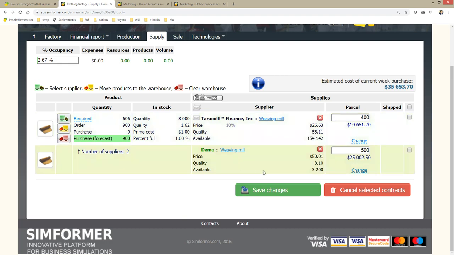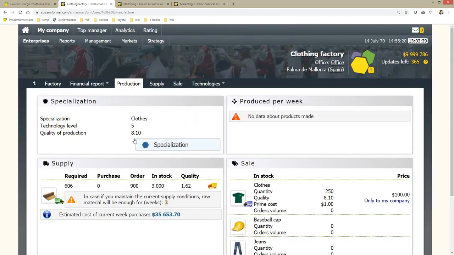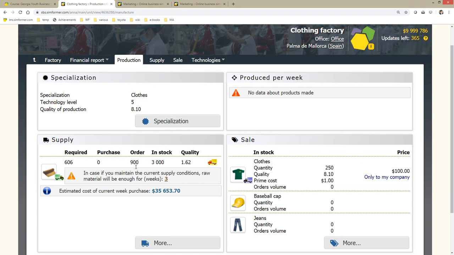Because in the end, when everything is shipped into the stock, a mathematical average will be calculated both regarding the costs and quality overall. And quality in this case of raw materials would directly affect the quality of production. So as you can see, the maximum quality of production with technology level 5 is 8.10.